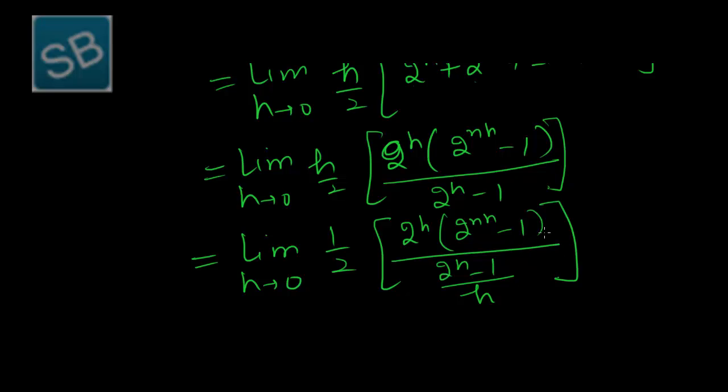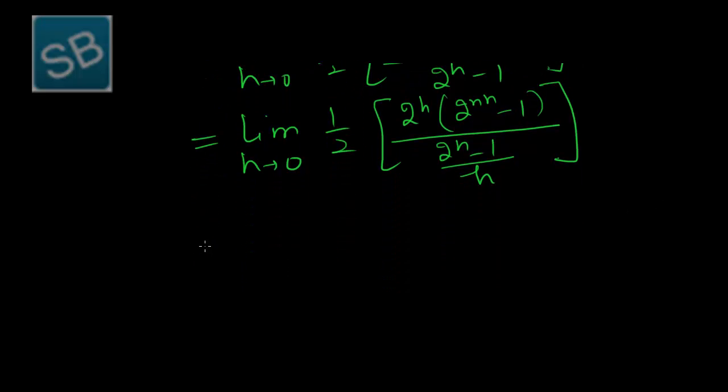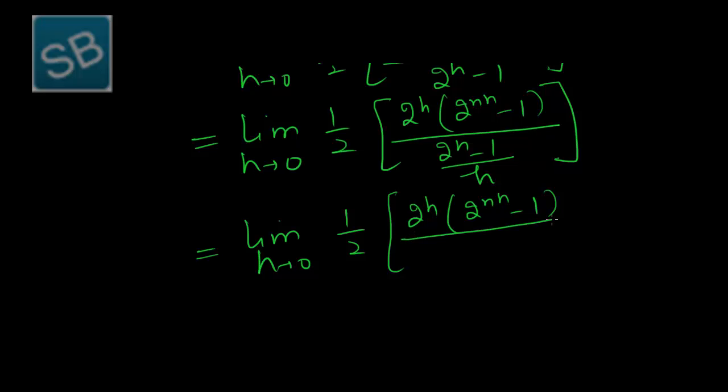Now as we know that limit 2 raised to power h minus 1 over h is log 2. So we get limit x tends to 0, 1 by 2, 2 raised to power h into 2 raised to power nh minus 1 over log 2.